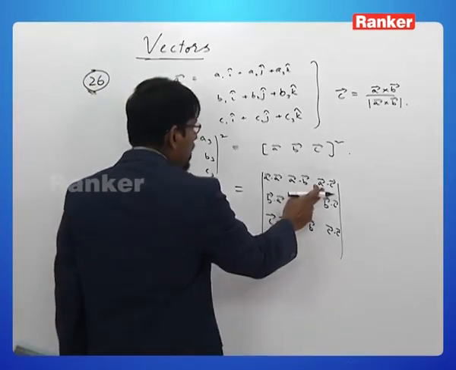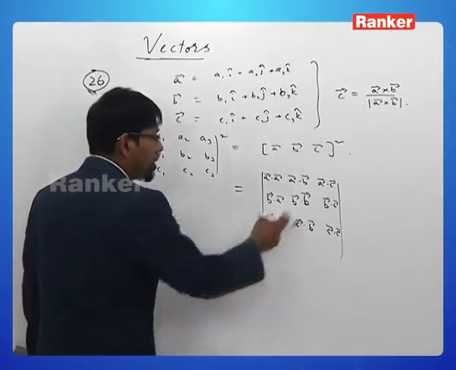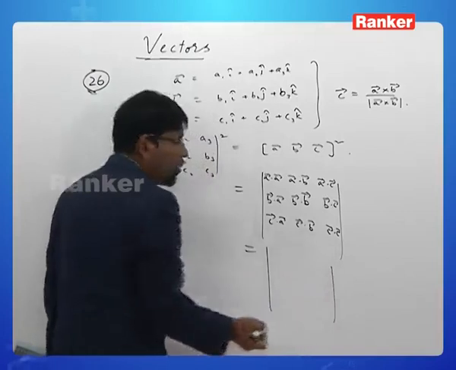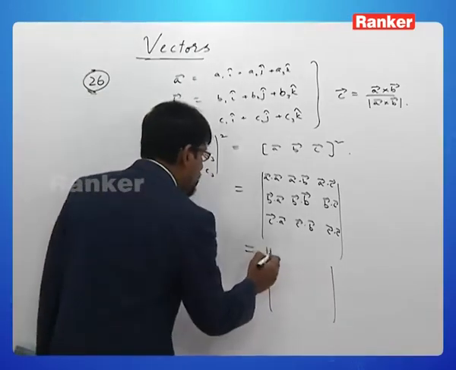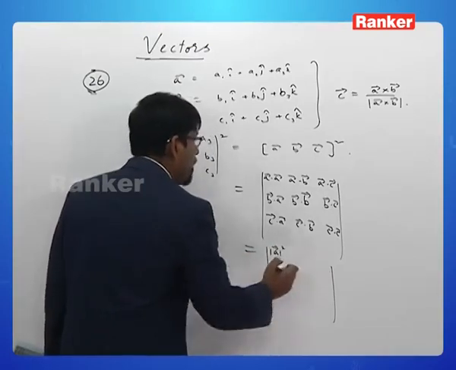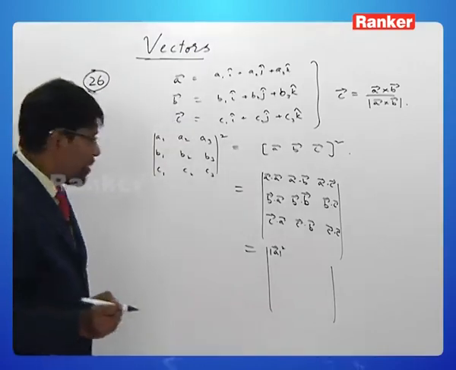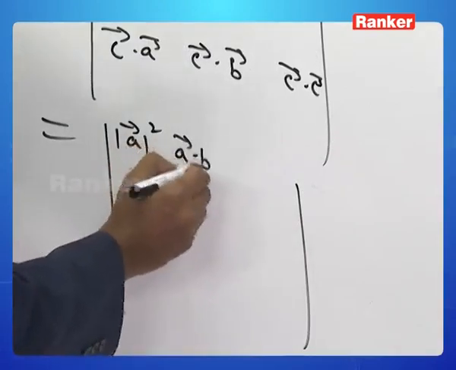So we have C bar dot A bar to be 0, C bar dot B bar also is 0 here. So we'll have a 0 here, these two being zeros. What else is given about A bar, B bar? Magnitudes we don't know, so we'll just write it as magnitude of A bar square, and A bar dot B bar we will leave as it is. This is A bar dot B bar.